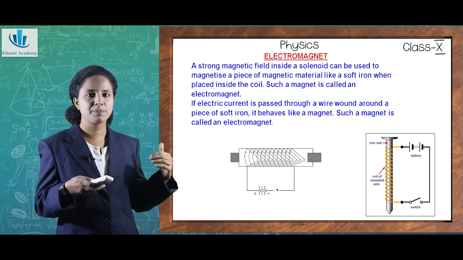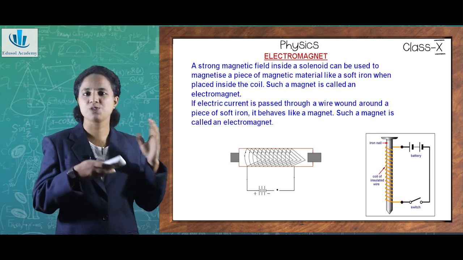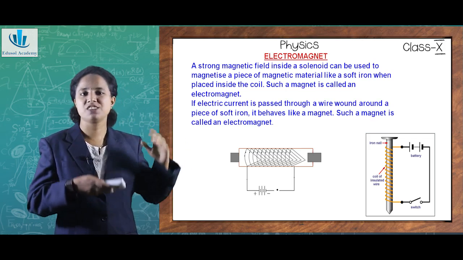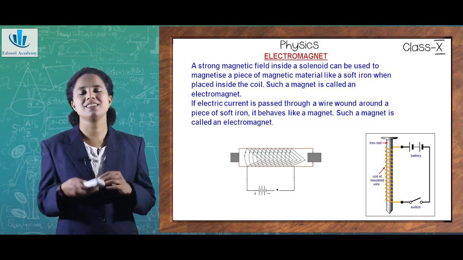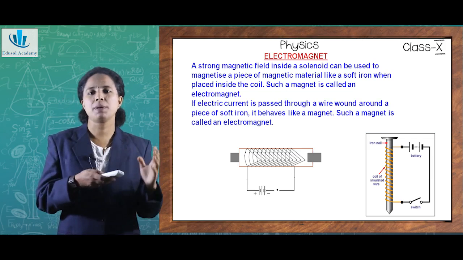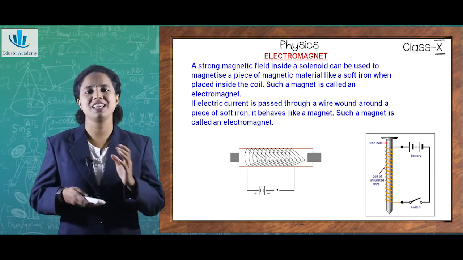You can see that we are winding a wire around a piece of soft iron like material and it behaves like a magnet. And such a magnet which is obtained is called an electromagnet. So there are many properties of the electromagnet which are used in commercial applications also.